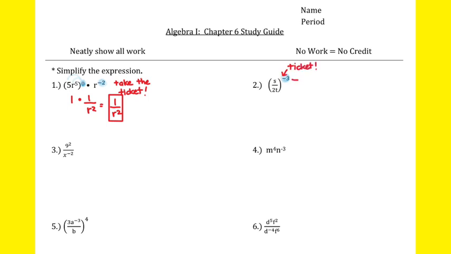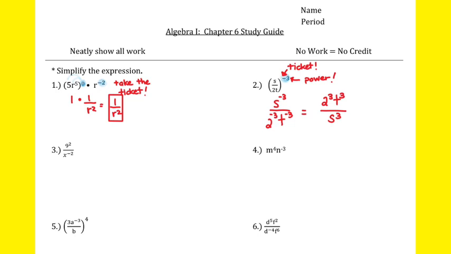On number 2, we see that there is a ticket in negative 3. So everybody in the family gets the ticket and the power. So when I rewrite that and distribute the third power to everybody, I need to evaluate these. I know that 2 to the negative third power and t to the negative third power need to take the ticket and go upstairs, and s to the negative third power needs to go downstairs.